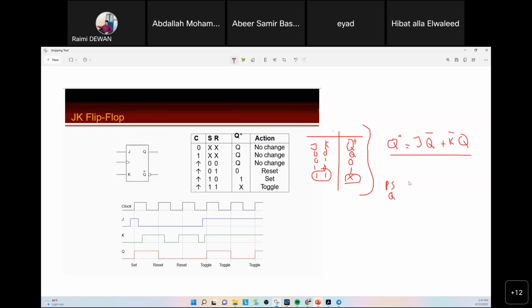The next one will be the future state or next state, so this will be Q plus, meaning after. Then the inputs. What is the input that is going to contribute to this next state? So you have inputs of J and K.